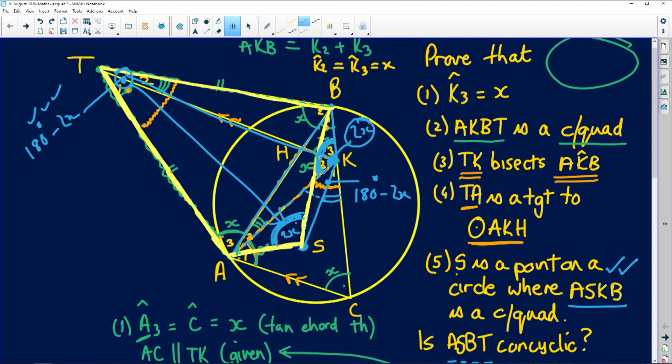The cyclic quad we had right from the beginning was that one. Now that's 2x. So for this green cyclic quad, the angle opposite to it is 180 minus 2x, which happens to be that whole angle. Point proven.